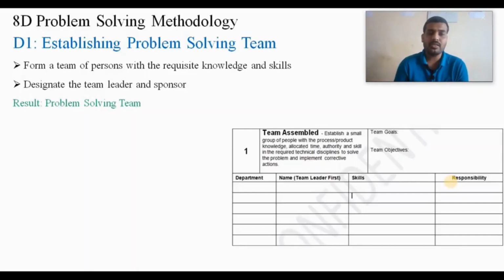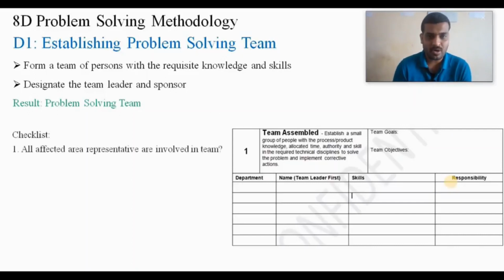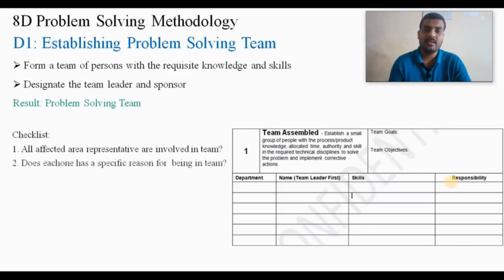The first question you should ask is whether all affected area representatives are involved in the team or not. Second, does each one have a specific reason for being in the team or not. Third checkpoint, have they agreed to work on this project or not.